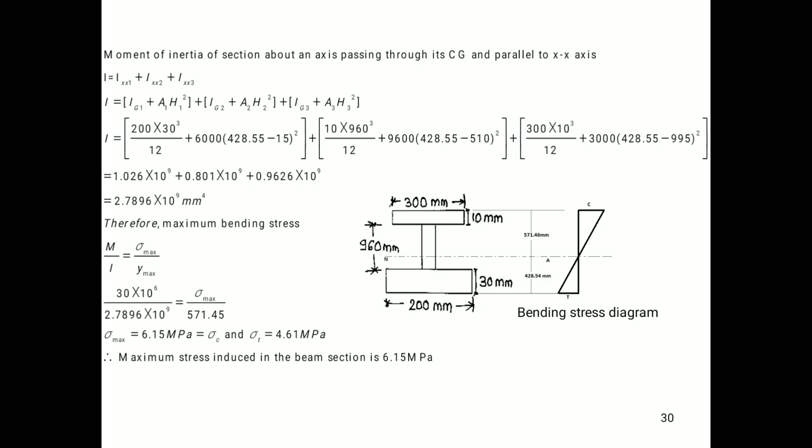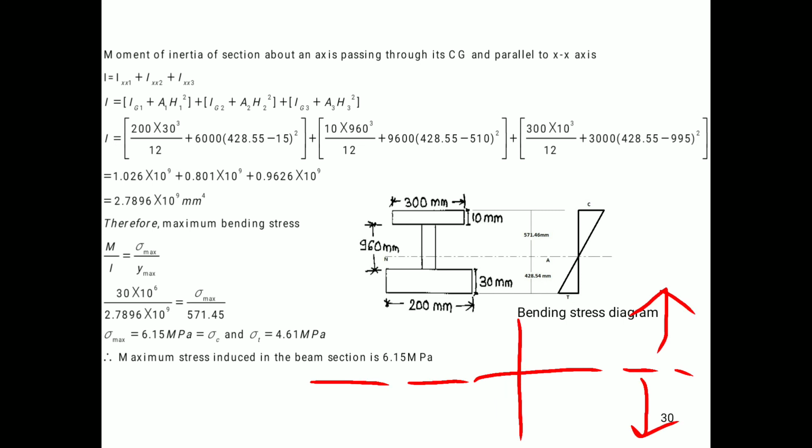So, the bending stress diagram can be drawn in this manner. Suppose that this is the neutral axis. Above the neutral axis, it is in compression. Below the neutral axis, it is in tension.